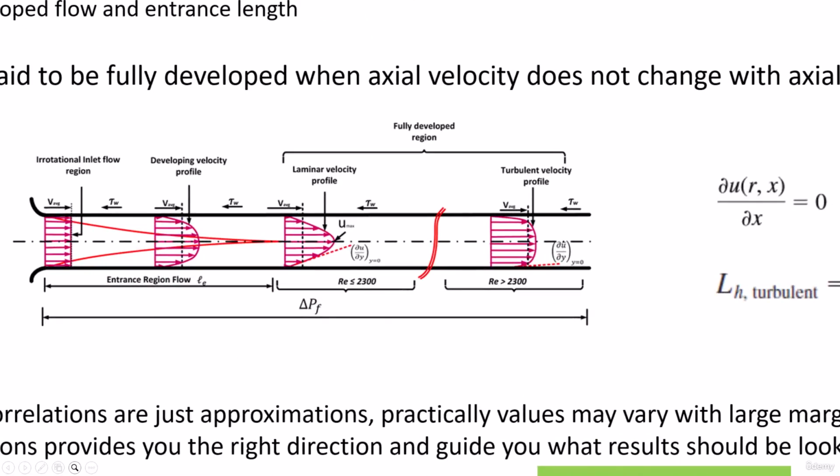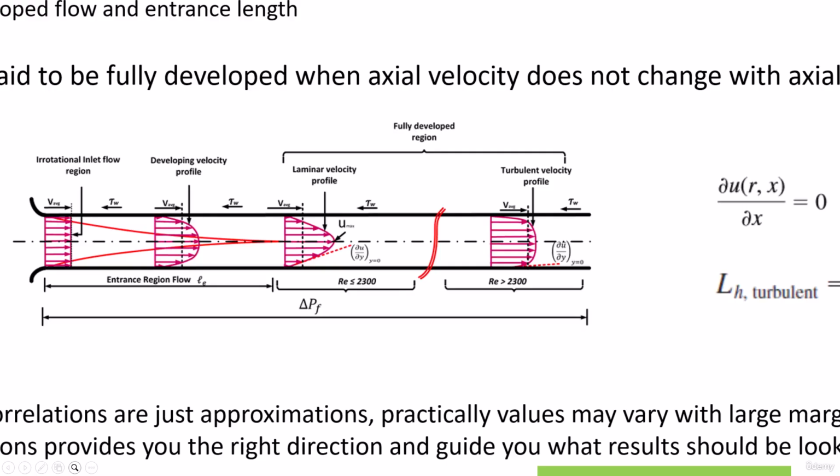In the case of laminar flow, when the Reynolds number is less than 2300, the flow is behaving in a laminar way. When the flow is fully developed, it means that the flow is not changing in the flow direction, but the velocity changes in the y direction, the r direction. So what does it mean by the flow not changing in the direction?